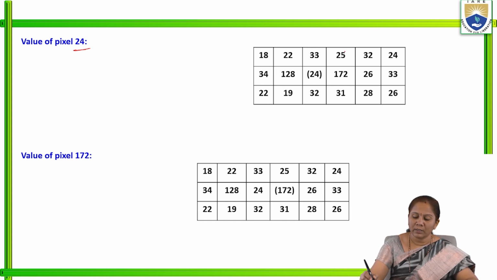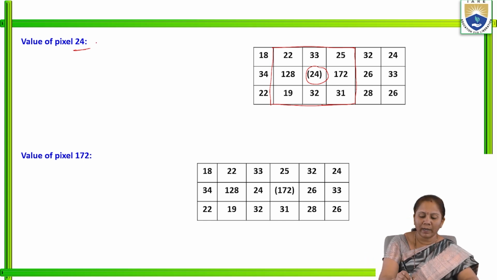Here, 3 by 3 mask means we have to shift the mask such that this 24 becomes the center pixel value. Now consider 22, 33, 25, 128, 24, 172, 19, 32 and 31. All these are the pixels available under the mask.